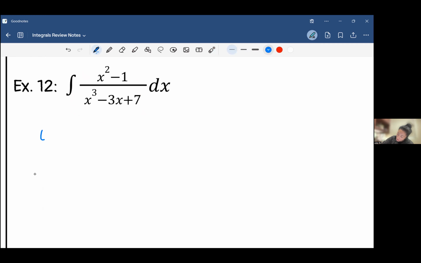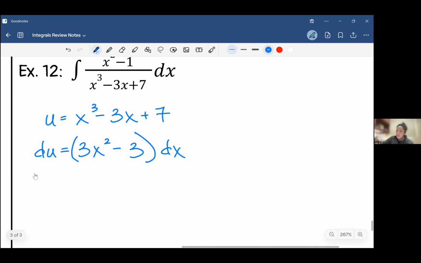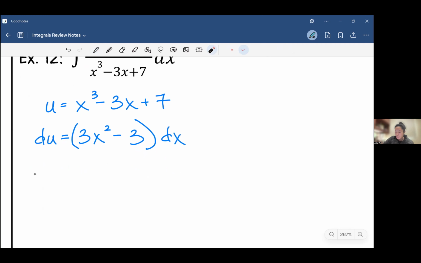So u equals x cubed minus 3x plus 7. And du is going to equal 3x squared minus 3 dx. Well, 3x squared minus 3 does not match x squared minus 1 until we think a little more cleverly. You notice how both terms have a 3.